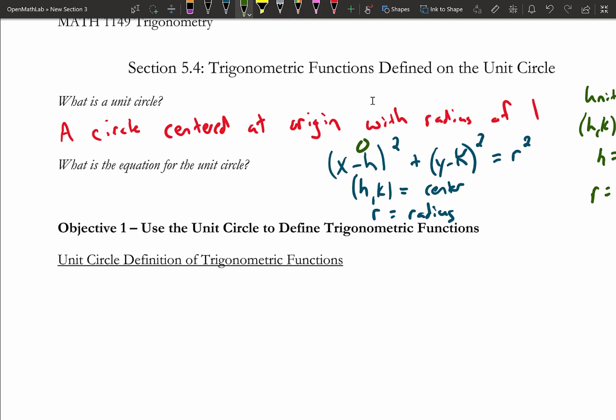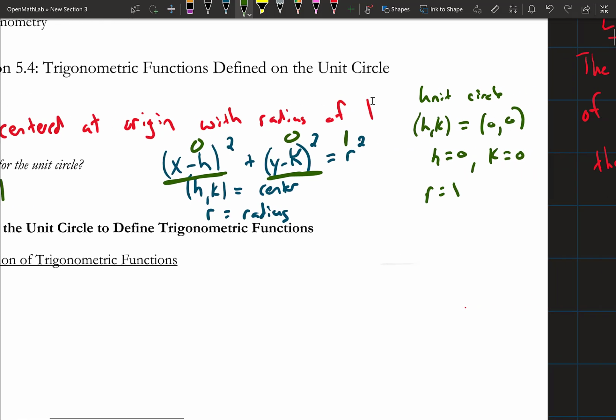So if I plug in 0 here and here and 1 here, what I'll get is just x squared plus y squared equals 1, right? Because it'd be 1 squared, right? Because x minus 0 is just x, so that's why we get x squared here, right? Similarly here, we'd have y minus 0 squared equals just y squared, and then 1 squared is 1, right?